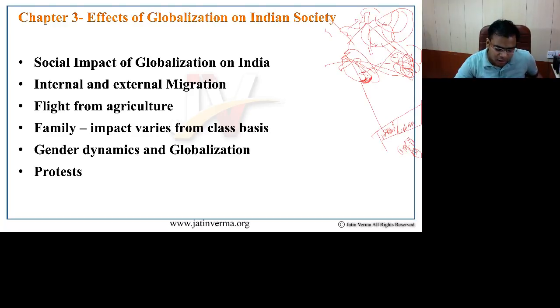If you go through the census, you would see a very clear, marked change in the percentage of people who are living in urban centers. It is now being reported that by 2050 nearly 50% of Indians would be living in urban centers.